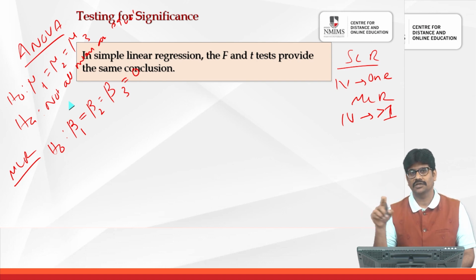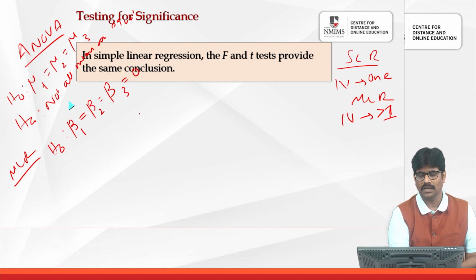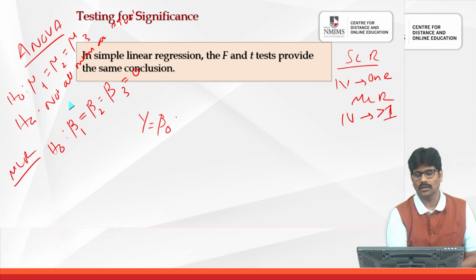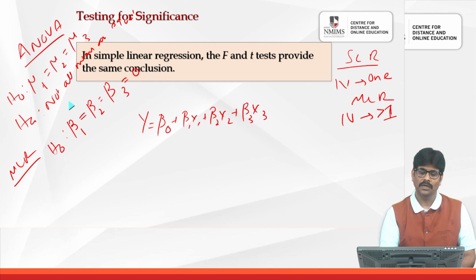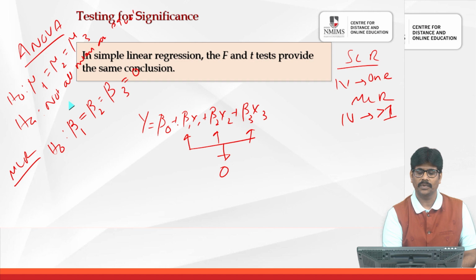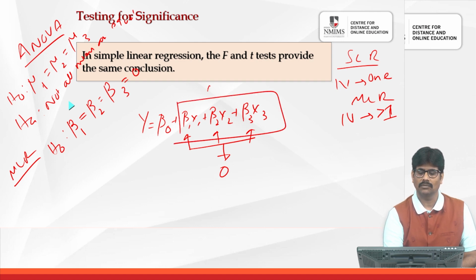Then the regression model becomes invalid, we cannot use it for prediction. Why so? Let us see. Y is equal to, let us say, beta naught plus beta 1 x1 plus beta 2 x2 plus beta 3 x3. Let us say there are only 3 variables. Now, if beta 1, beta 2 and beta 3 are all equal to 0, what happens? This entire thing is equal to 0.